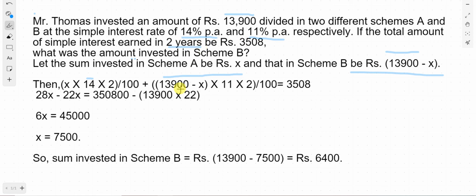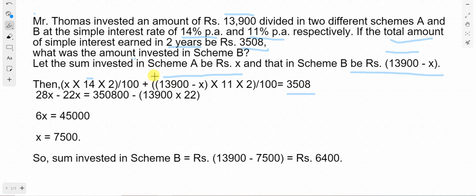For scheme B, it will be 13,900 minus x into 11 into 2 divided by 100. Now this is also provided in the question: the total amount of simple interest earned in 2 years is rupees 3,508 for both of the schemes. So we are adding both the simple interests and putting it equal to the simple interest provided in the question.